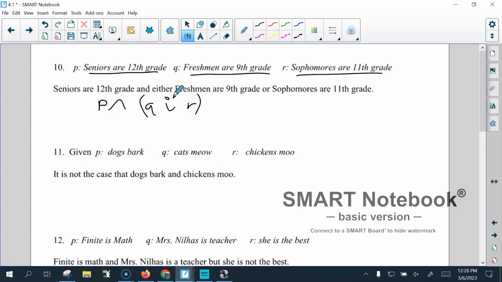So now we start breaking it down. Seniors are 12th grade. That's a true statement. And, then we have Q, which is our freshman or 9th grade. That's a true statement. Or sophomores are 11th grade. Well, that's a false statement. They're 10th grade. We all know that. Okay. So now we break it down.